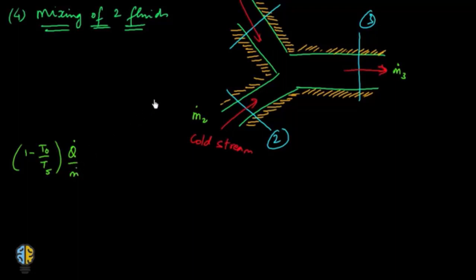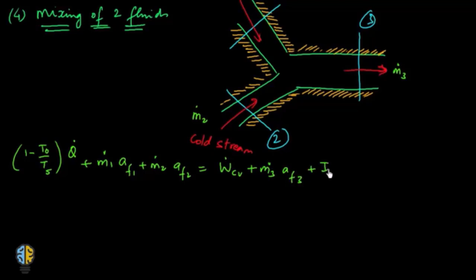Okay, now let's quit this m dot for the moment, and let's use these masses for their respective streams. So you'll have plus m1 dot into af1 plus m2 dot into af2. Alright, now the other side will have the work transfer through the control volume plus m3 dot into af3 plus the rate of irreversibility in the control volume.